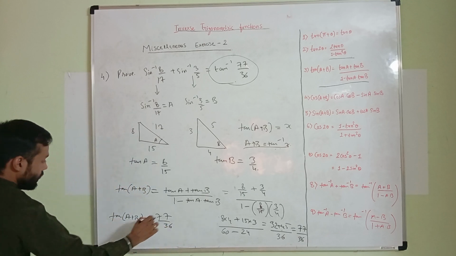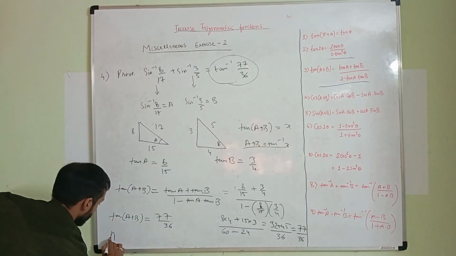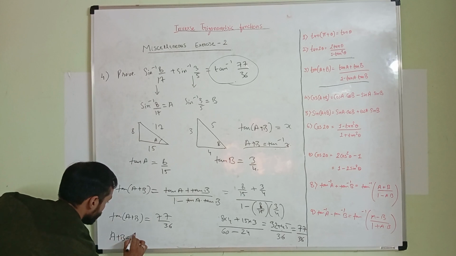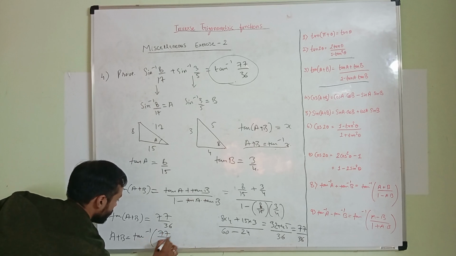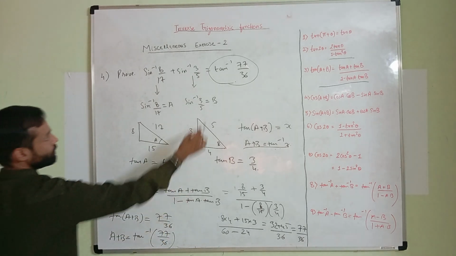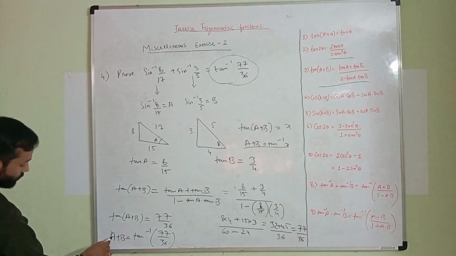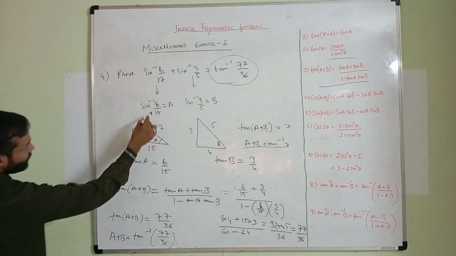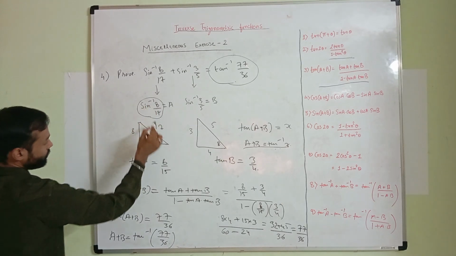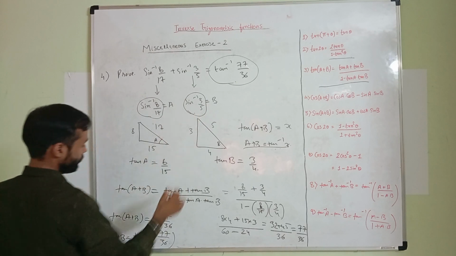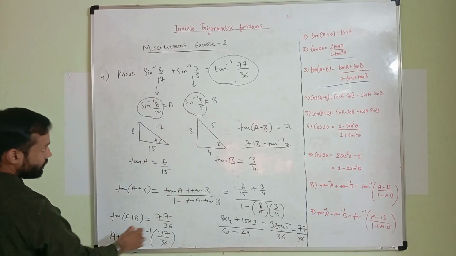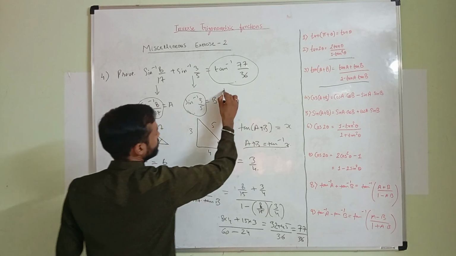Now shifting this tan to the right hand side, we will get A plus B equals tan inverse of 77 by 36. So this is our right hand side. In place of A, again we are writing sine inverse of 8 by 17. In place of B, we are writing sine inverse of 3 by 5. So ultimately this equation I am writing on this side.